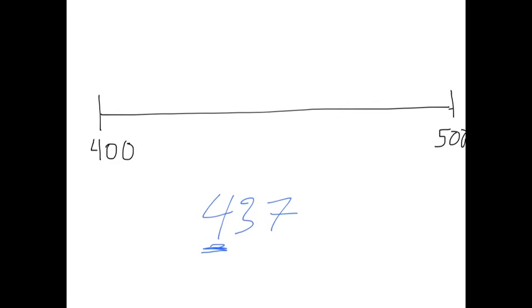On the number line, we know that this is 450, and 437 would be somewhere over here on the number line, which means it is closer to 400 than to 500.